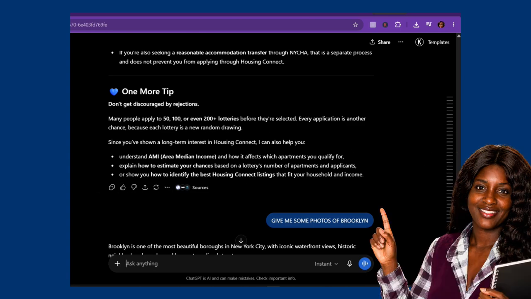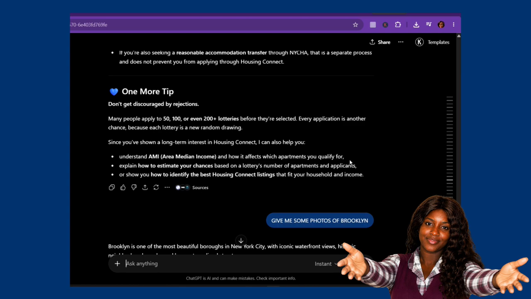So it's stating that to me here, but I'm sharing my information because this can help others. Since I've shown long-term interest in Housing Connect, ChatGPT is also saying it can help you understand the AMI, which stands for area median income, and how it affects which apartments you qualify for. So this applies to all of us, any of you, right?